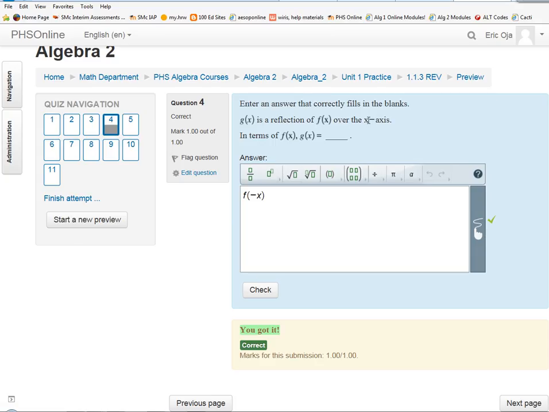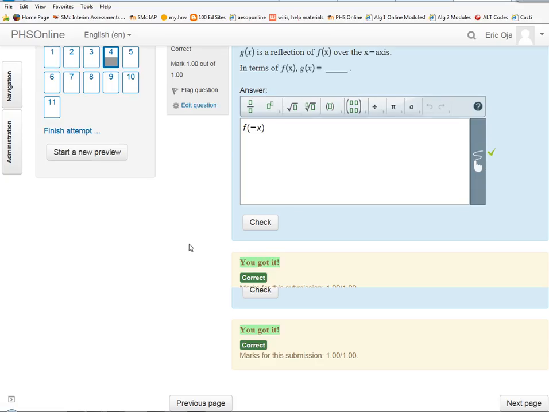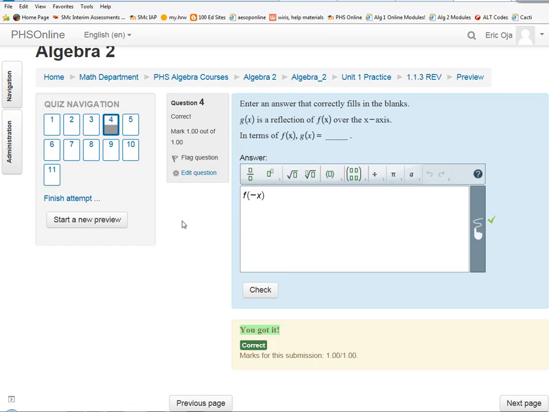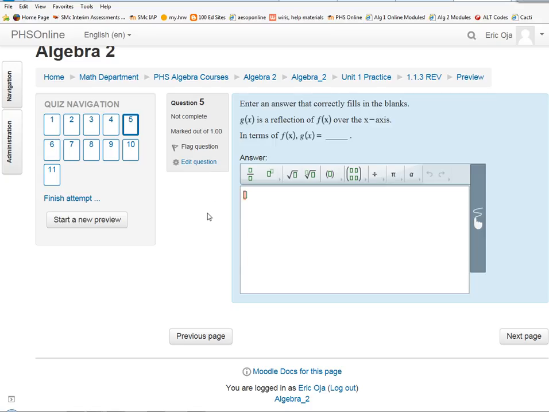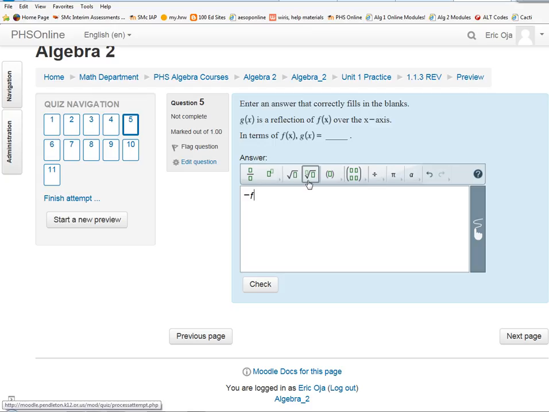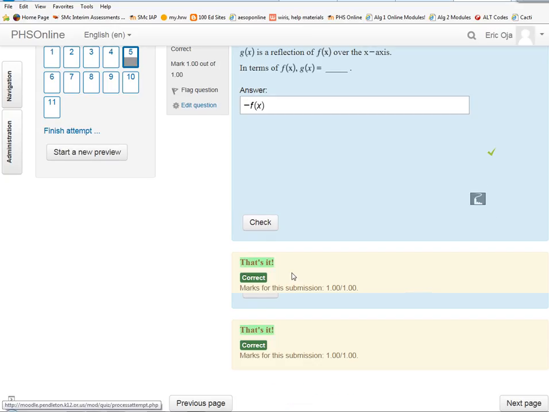That should say y-axis there. I'll fix that. Fortunately, not many people have done this one yet, so I can still go and fix it. Okay, so this is the one where if it's over the x-axis, it should be negative f of x.